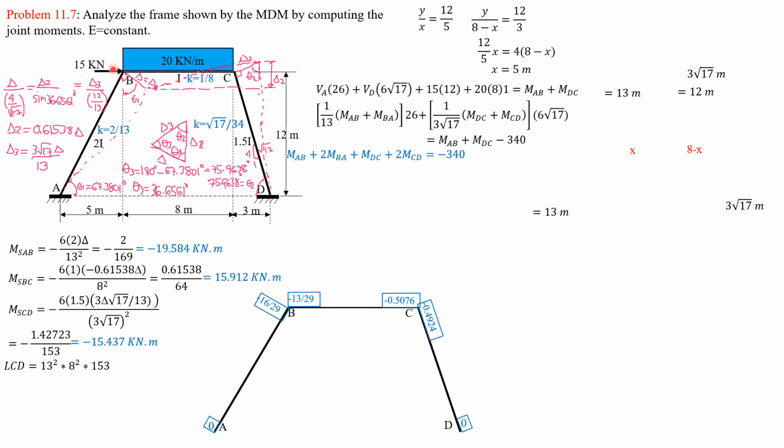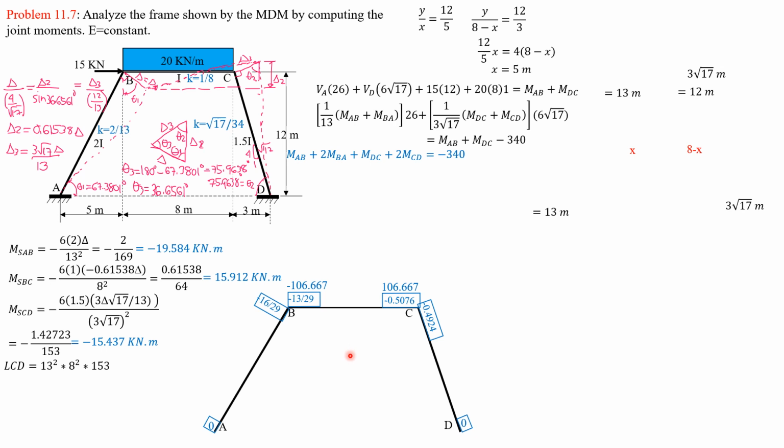Fixed end moment BC is negative 28 square over 12 in decimal, negative 106.667. Fixed end moment CB by symmetry is just the positive of 106.667.